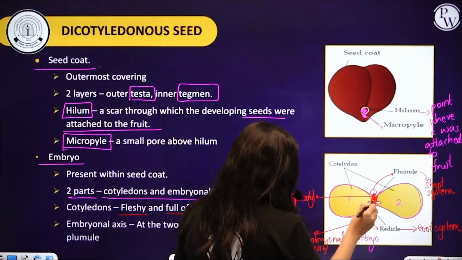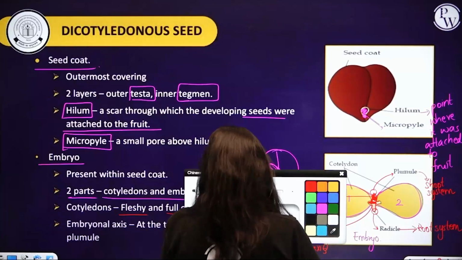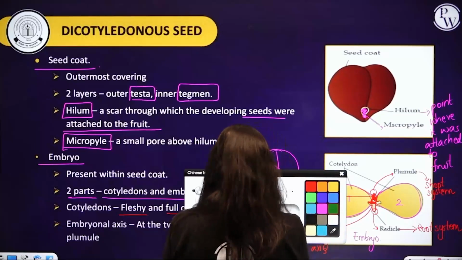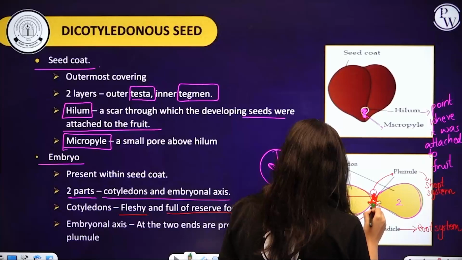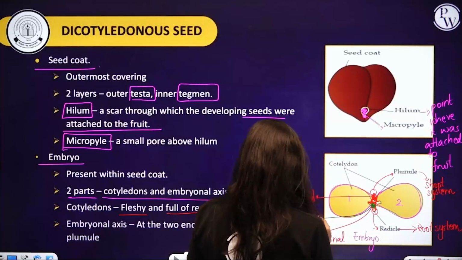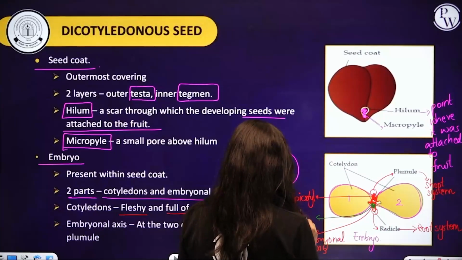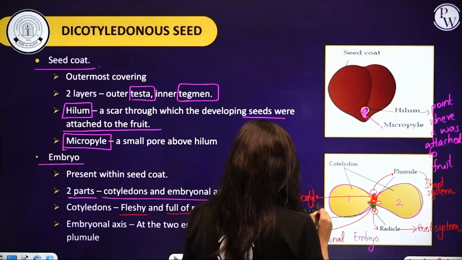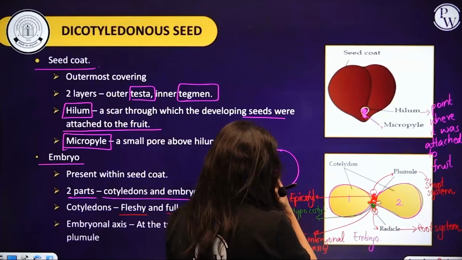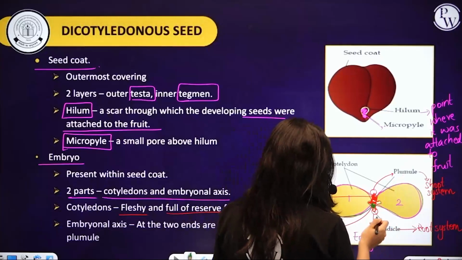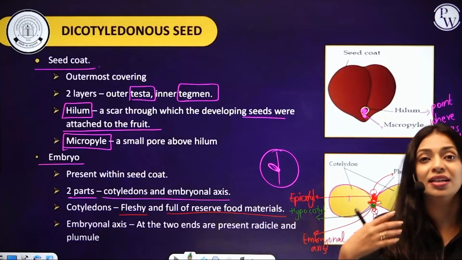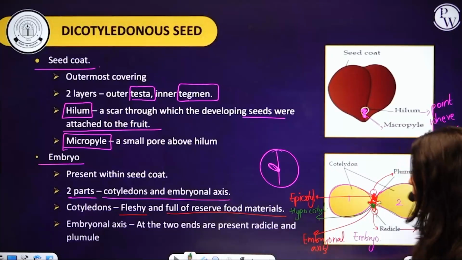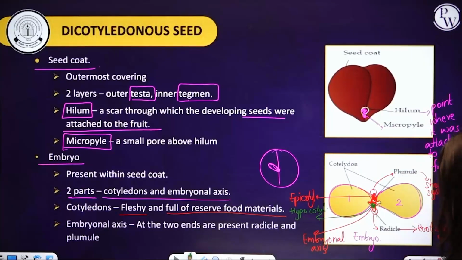The part present above this point is epicotyl, and there is a part present below it which is called hypocotyl. At the tip of the epicotyl, you have plumule. At the tip of the hypocotyl, you have radicle. Plumule will develop into the shoot system. Radicle will develop into the root system. All right. Now let's move on.